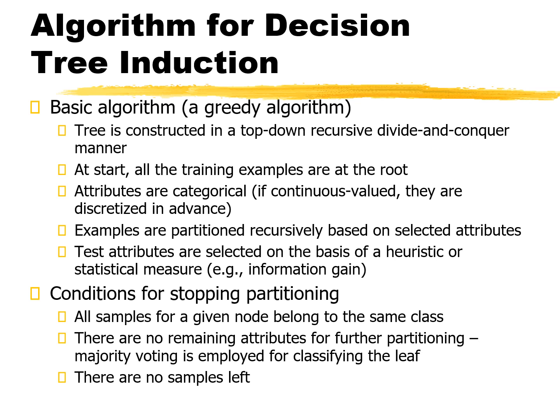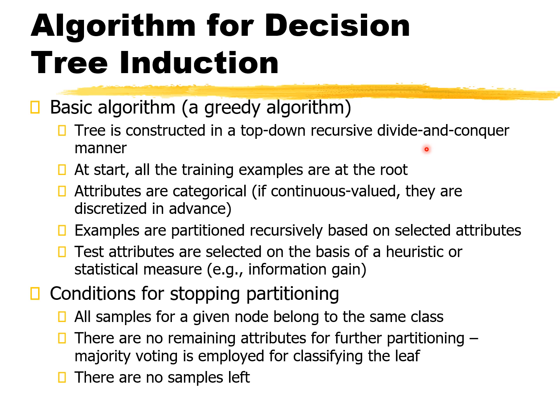Now, in order to create the decision tree, we follow a basic algorithm called a greedy algorithm. There are many approaches to create the tree, but we will talk about the greedy algorithm in particular. We construct the tree in a top-down recursive divide and conquer manner.